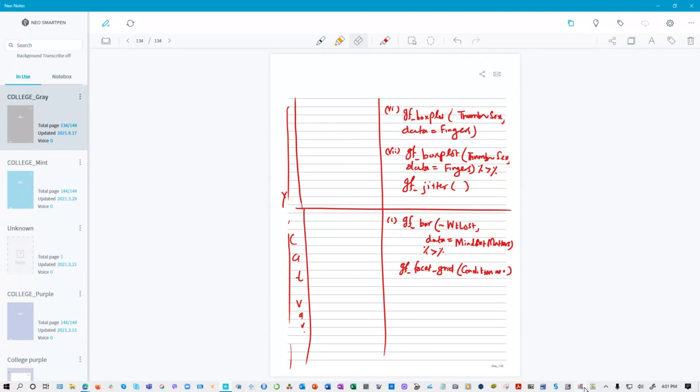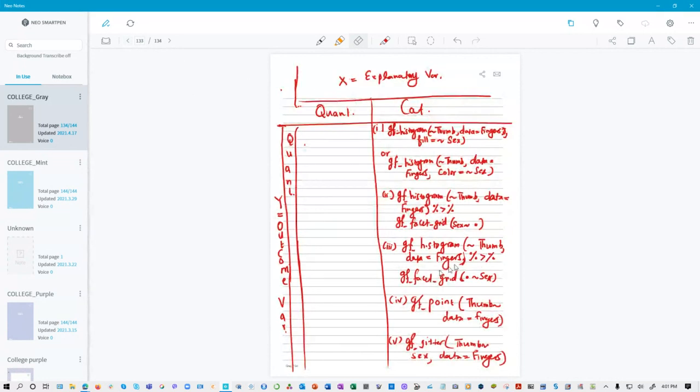Okay, it's going to go to y. Condition is going to go to y. Can you remember when we had this, the vertical faceted grid?